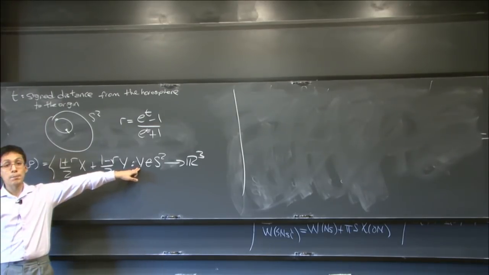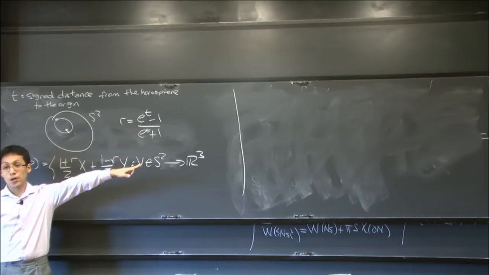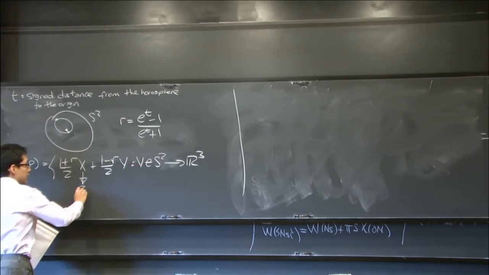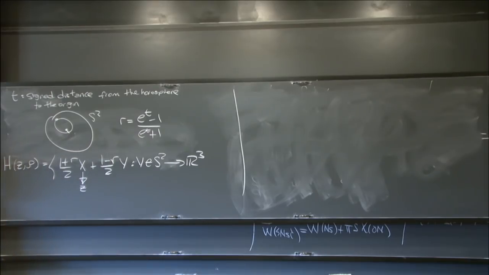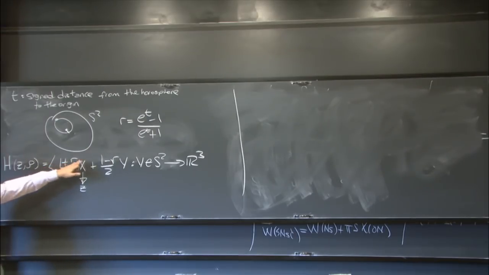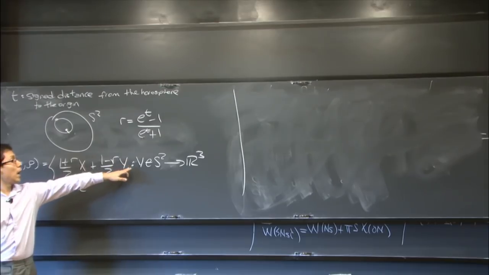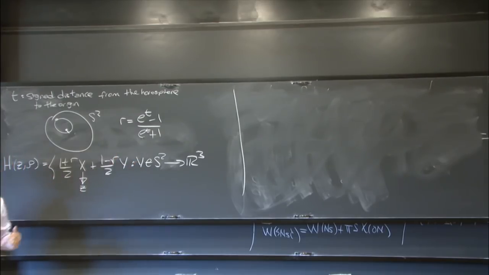So I'm taking my input in S2 and mapping that into R3. This x point, this is just C. It's just being called another variable because we're about to take some derivatives in a second. So you need to be mindful about that. This R number is a number that you defined before. And again, Y is just your parametrization of the sphere.